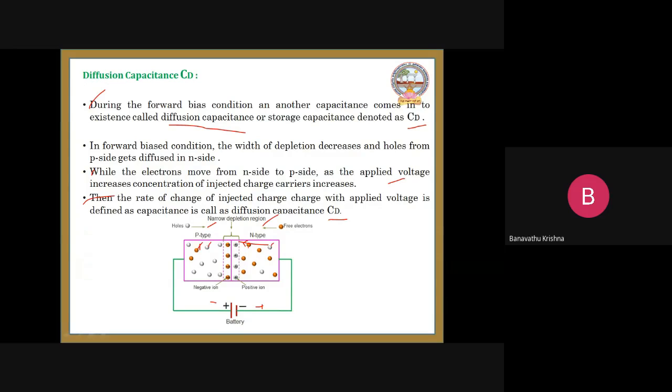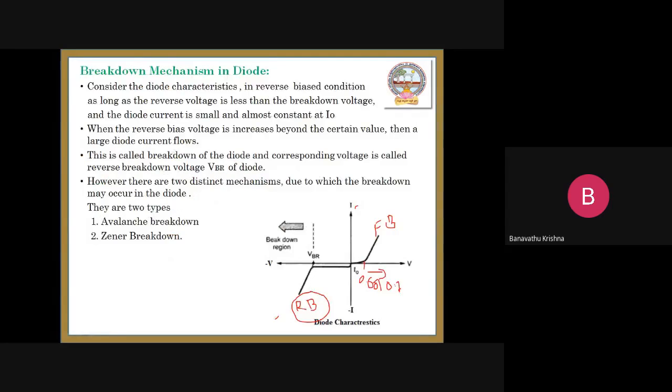It is not considered practically because a very small amount of current exists in the junction under reverse bias. That is why everyone simply says there is no current, but there is a current, the reverse saturation current, represented as I naught.